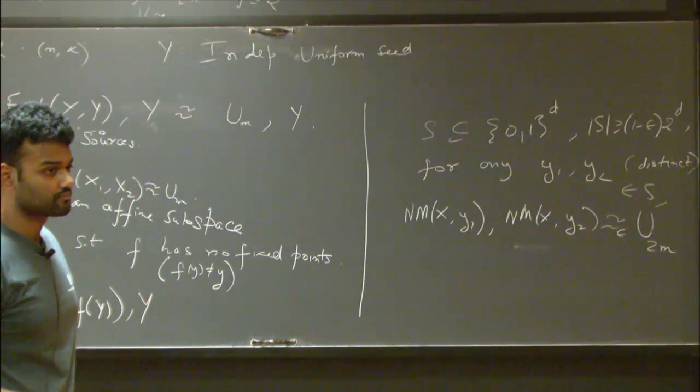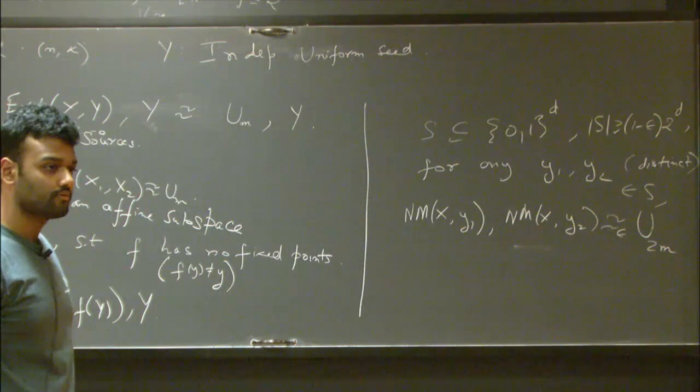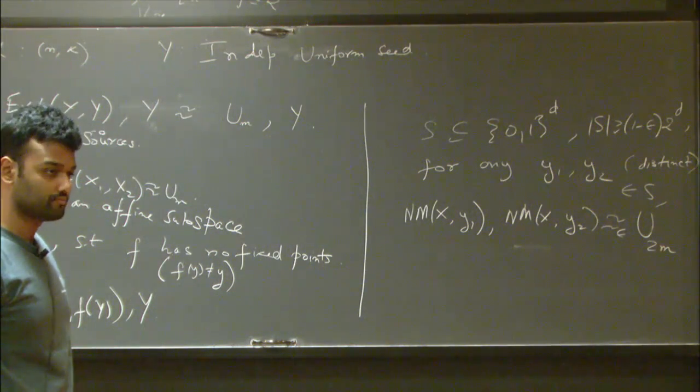So you can also ask for, let's say, most of the pairs, as a fraction of the pairs y1, y2, having this property.